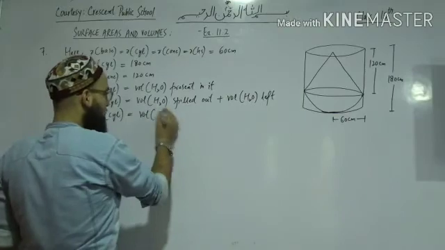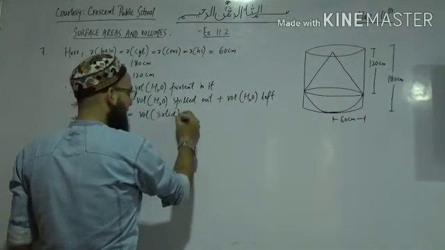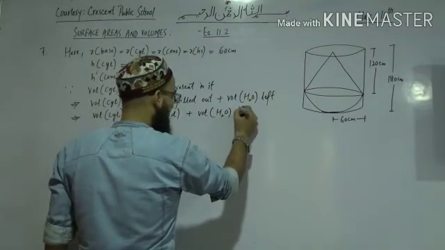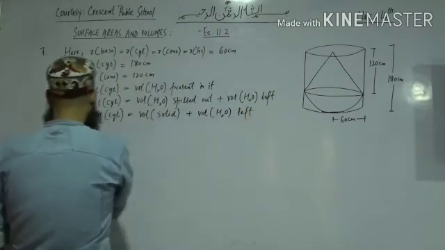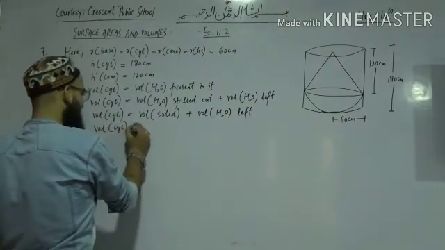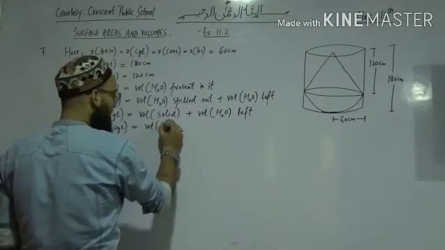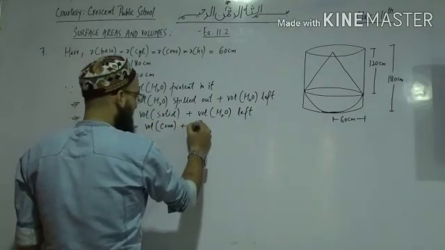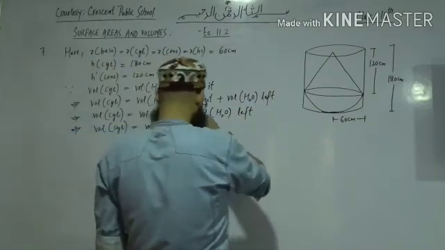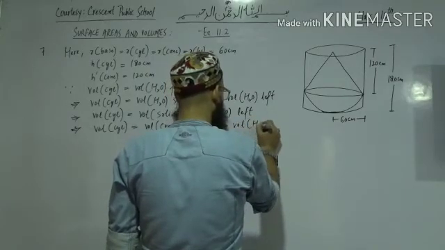So the volume of water spilled out is equal to the volume of solid plus the volume of water left, which implies that the volume of the cylinder is equal to, but the volume of solid is nothing but the volume of cone plus the volume of hemisphere, then the volume of water left.